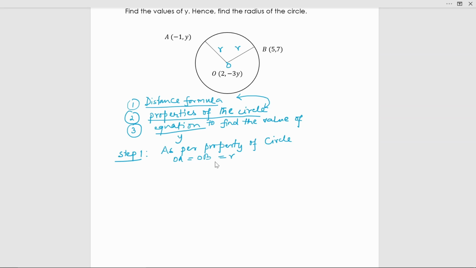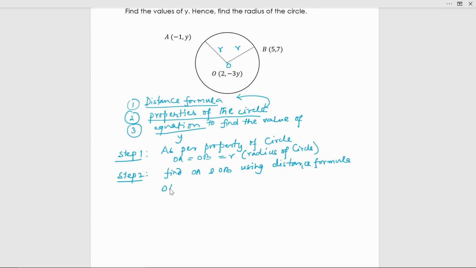So OA equal to OB equal to R, that is the radius of the circle. And then step 2, what we need to do is find OA and OB using the distance formula, which is very easy to find. So how will we find it?